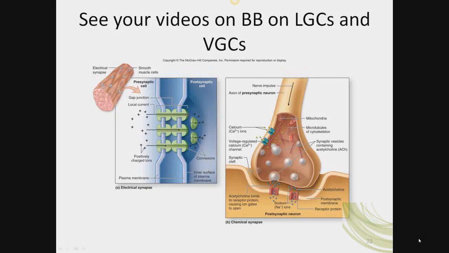So with gap junctions, each neuron needs to insert their own channel through their cell membrane and align these so that you have straight communication from one cytoplasm to the next. And we see this a lot in smooth muscle. They form these gap junctions, and this allows the electrical current to flow from one cell to the next.